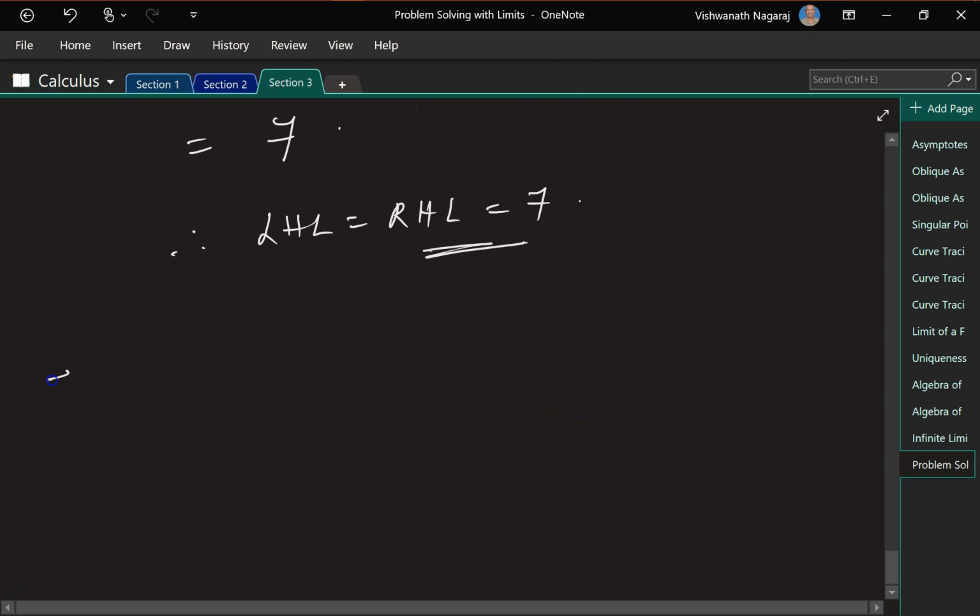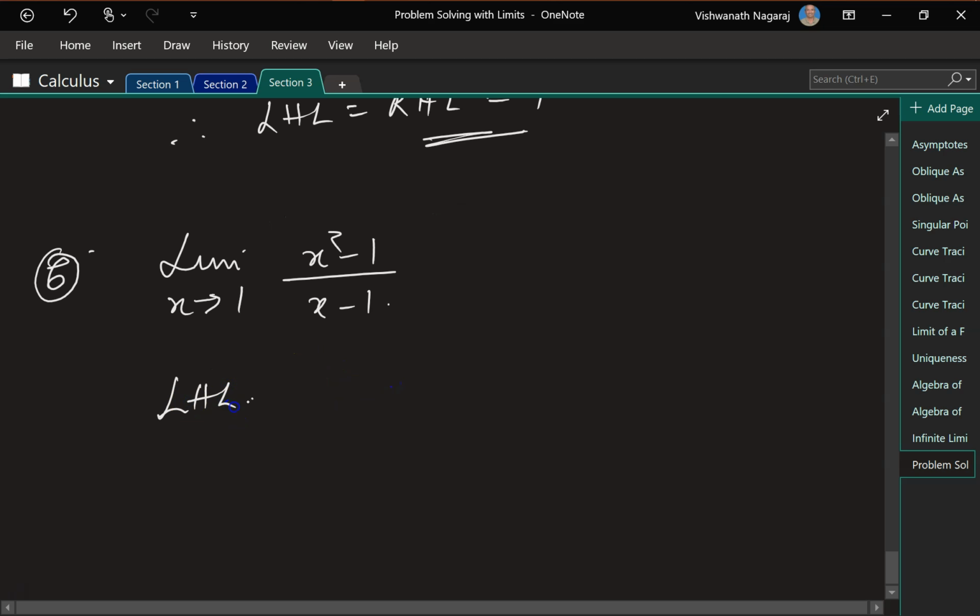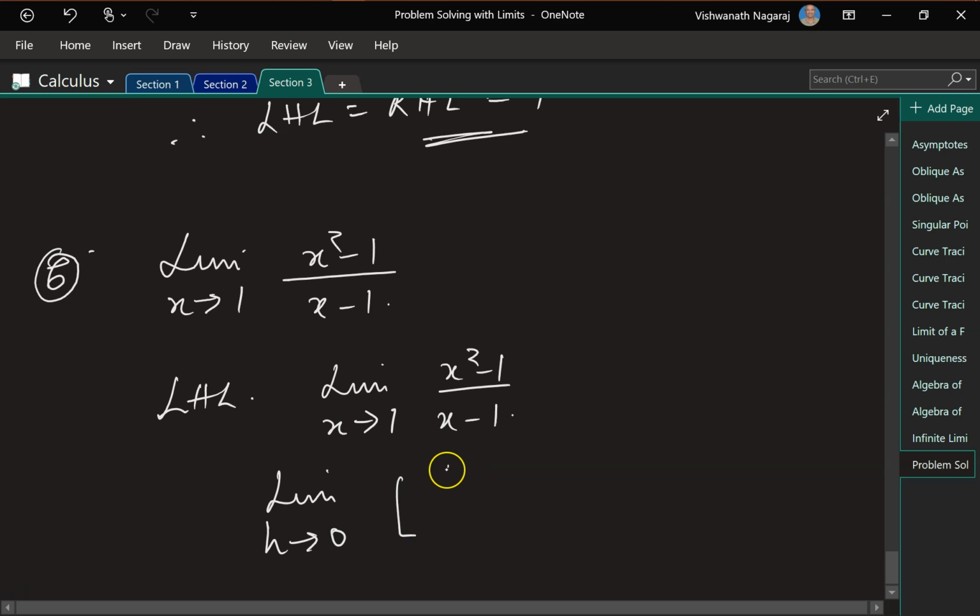Okay, finally, limit as x approaches 1 of x square minus 1 by x minus 1. Left hand limit: this can be written as limit as h approaches 0 of (1 minus h) square minus 1 by (1 minus h) minus 1.